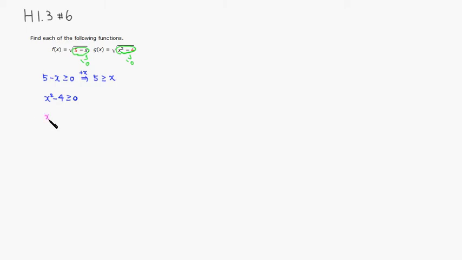Say x squared minus 4 equals 0, and we know what to do. We can just factor it: x plus 2 and x minus 2 equals 0, which gives us x equals plus or minus 2.